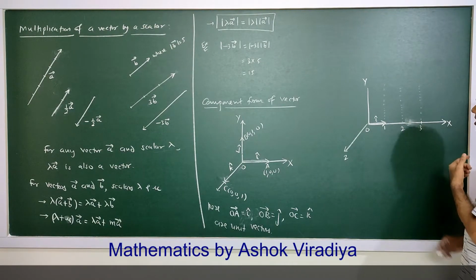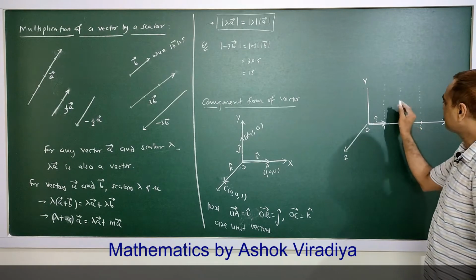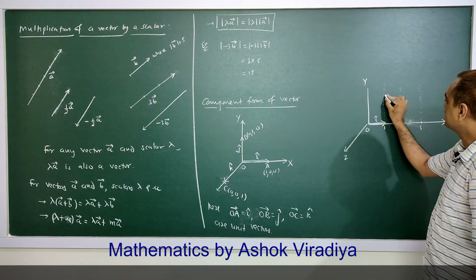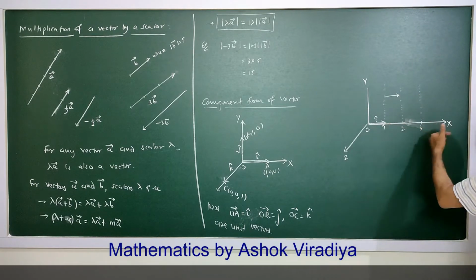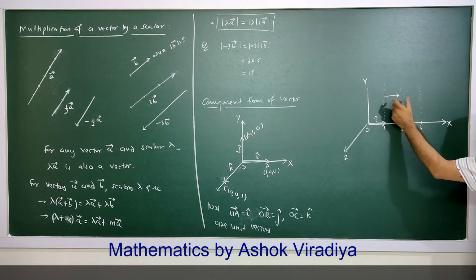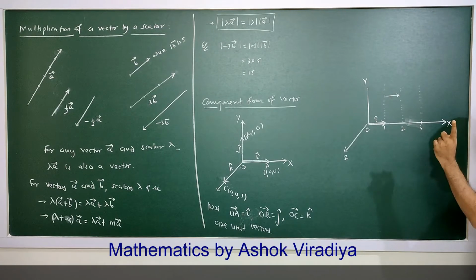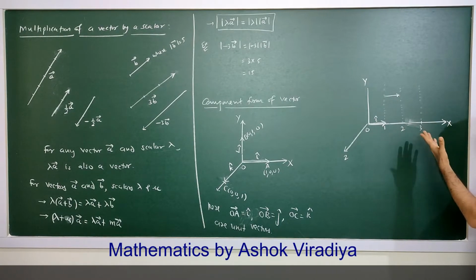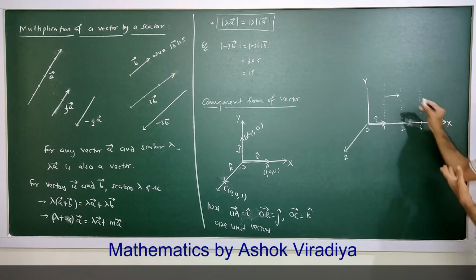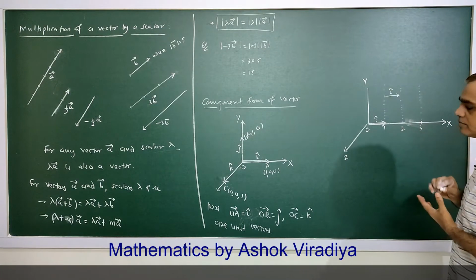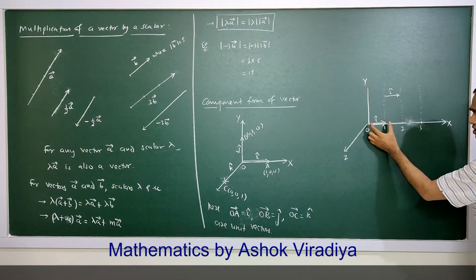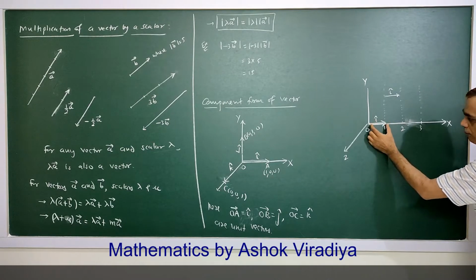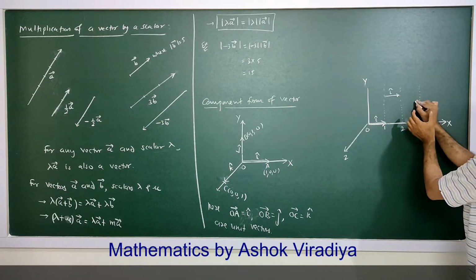That means if I draw here a length of 1, parallel to the X axis, a vector of magnitude 1, what is it? It is nothing but i cap. This vector, without changing direction, copy, paste, keep anywhere.